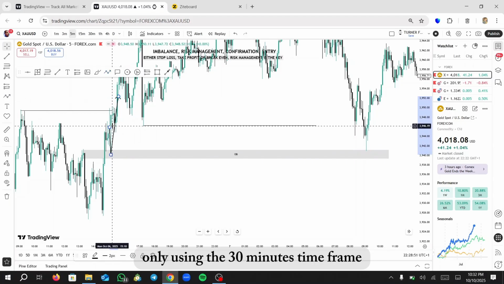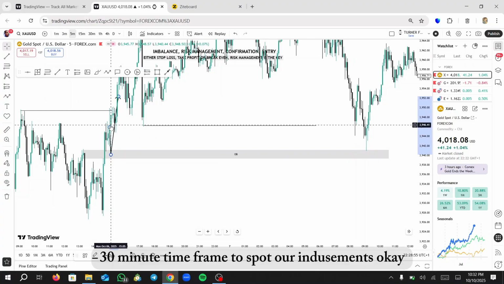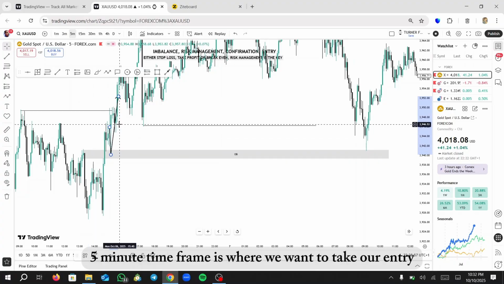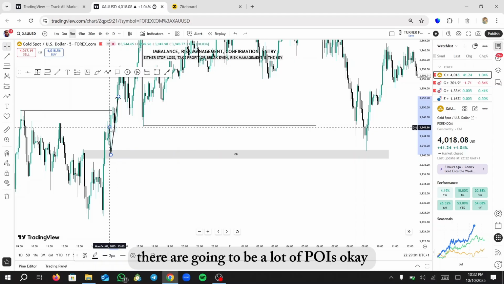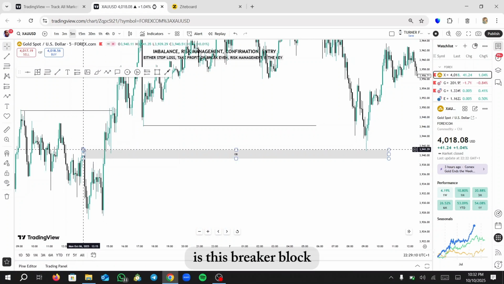Because now we are only using the 30 minutes time frame to spot our inducements. Okay, the 5 minutes time frame is where we want to take our entry, and on the 5-minute time frame there are going to be a lot of POIs. Okay, so now on this 5-minute time frame, the only POI I'm seeing, the only point I am seeing to take a trade, is this breaker block.